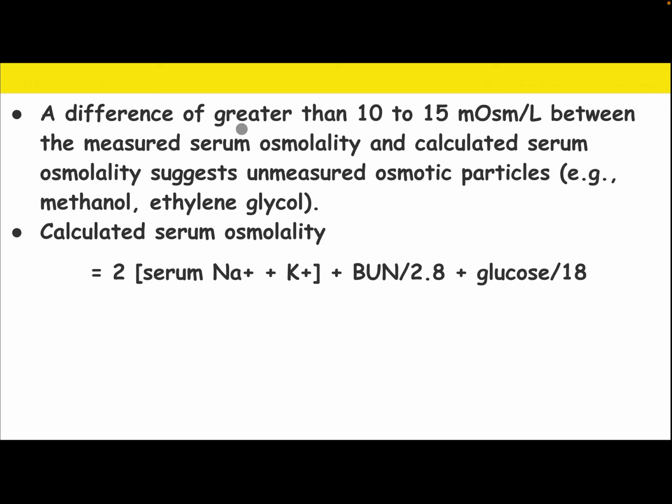A difference of greater than 10 to 15 mOsm between the measured serum osmolarity and calculated serum osmolarity suggests unmeasured osmotic particles like methanol, ethylene glycol. Calculated serum osmolarity is 2 multiplied by sodium plus potassium, plus blood urea nitrogen divided by 2.8, plus glucose level over 18.